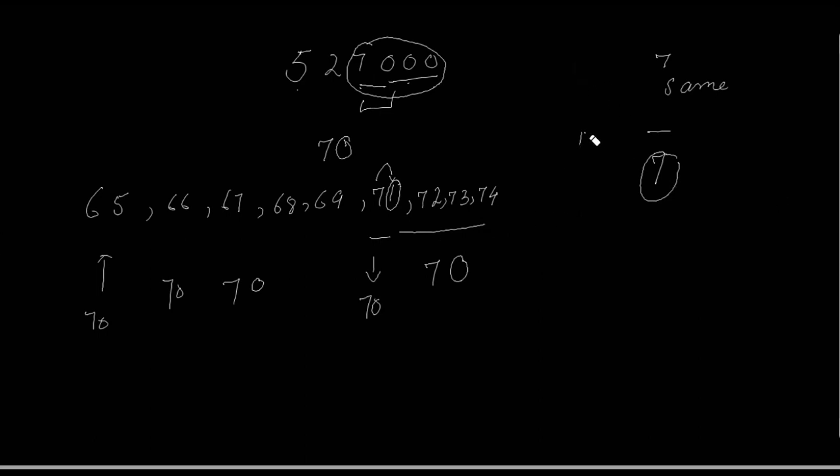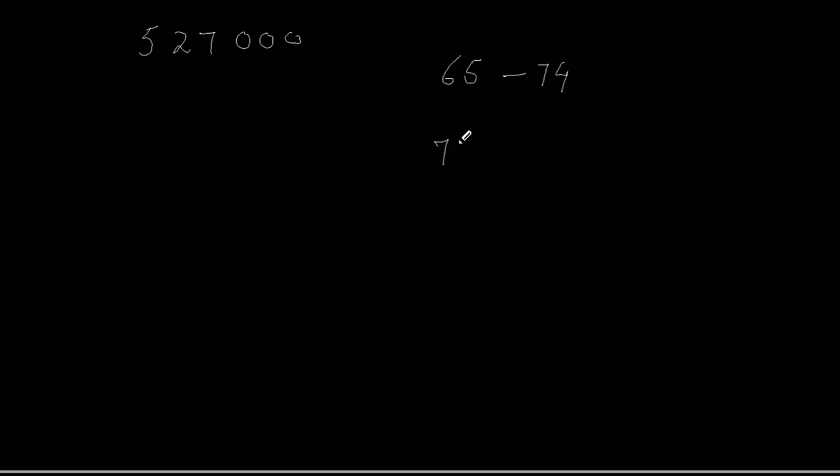So now we can write that from 65 to 74 is the range of numbers which will round your numbers to 70. Now you know how we can go back from your question to your answer: the numbers from 65 to 74 can be rounded to 70.